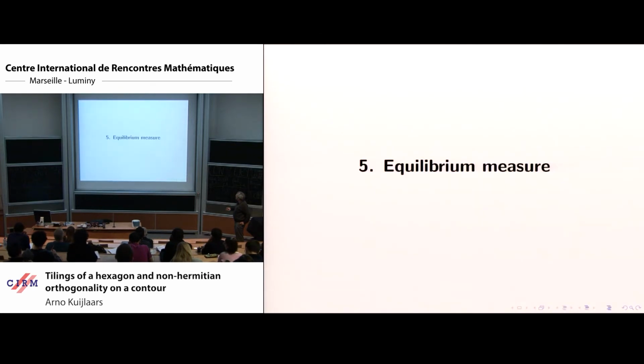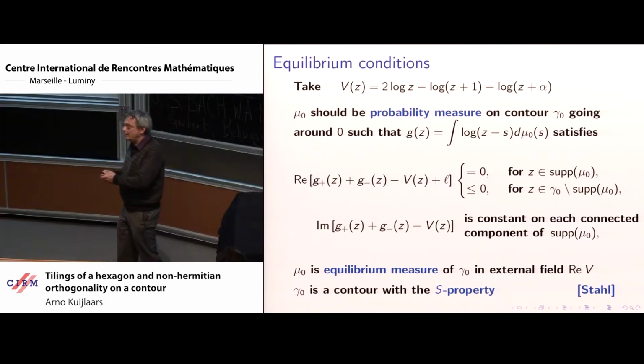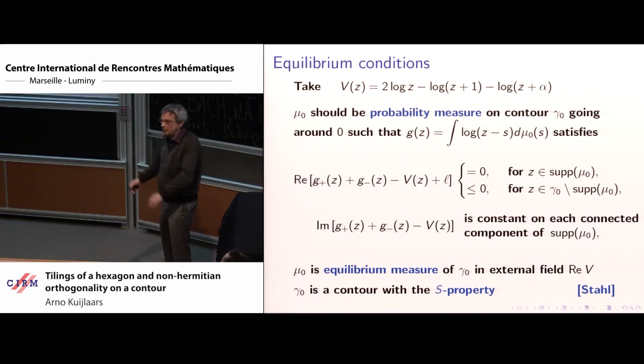Now there are techniques developed to calculate this G function in cases of non-Hermitian orthogonality. That was developed by Herbert Stahl already in the 80s, in relation to Padé approximation, where you also have non-Hermitian orthogonality.